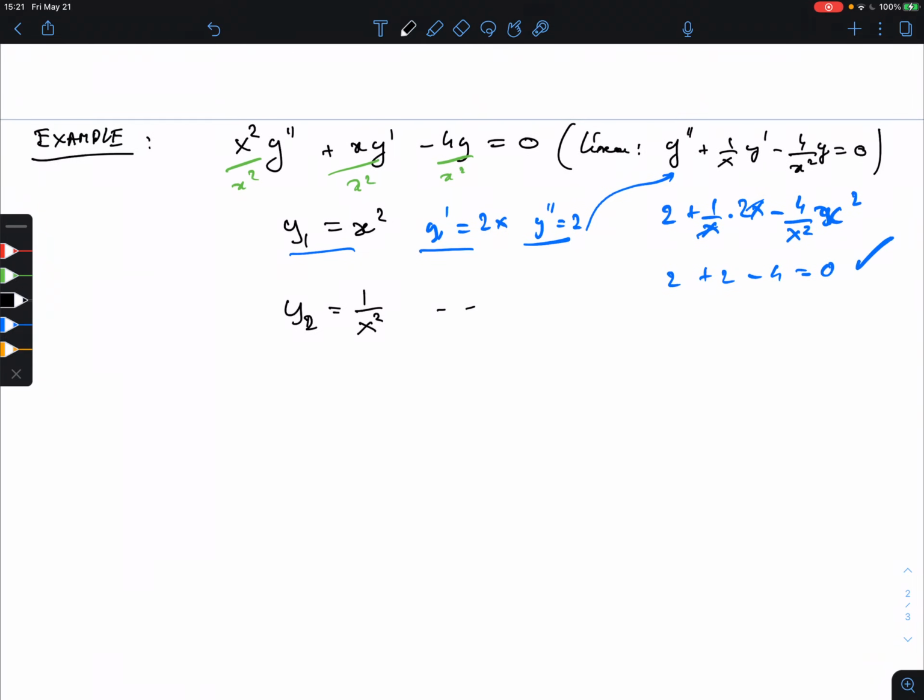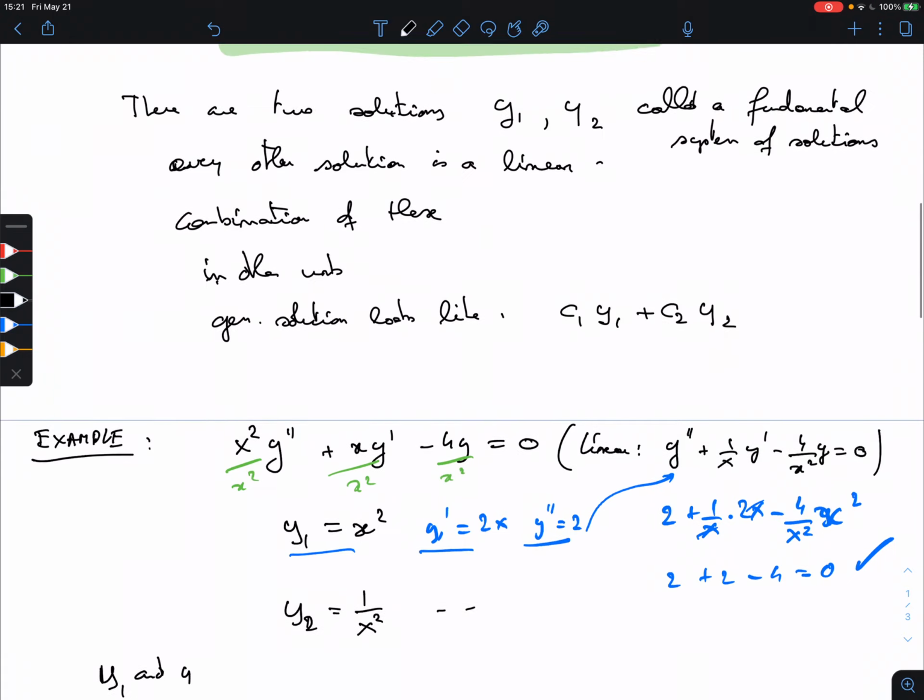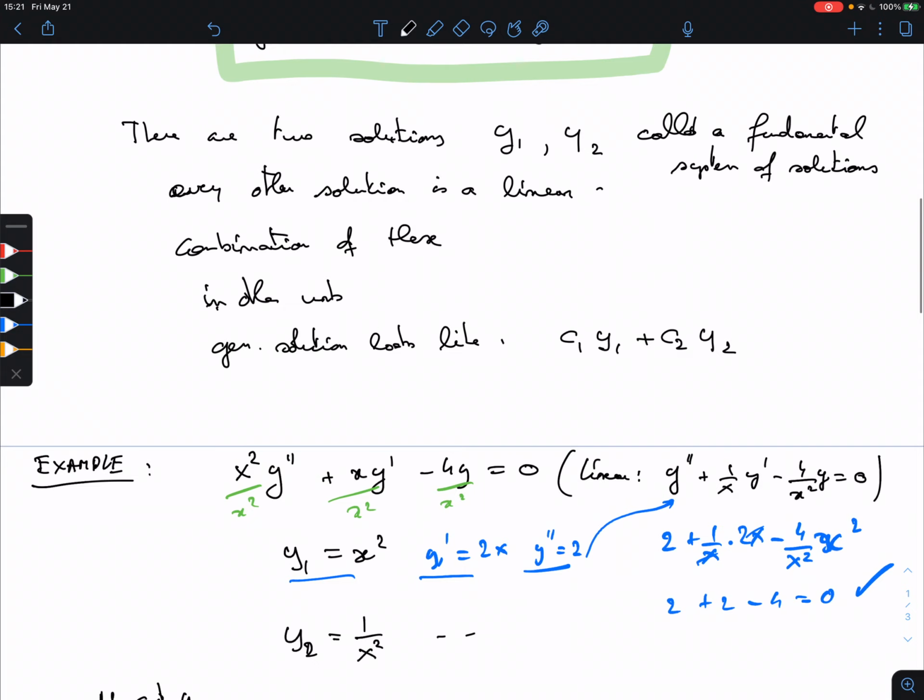Now, what it means is, so y1 and y2, let me put this here because it's part of this theorem. Moreover, to be a fundamental system, we only need y1 over y2 to be not constant.